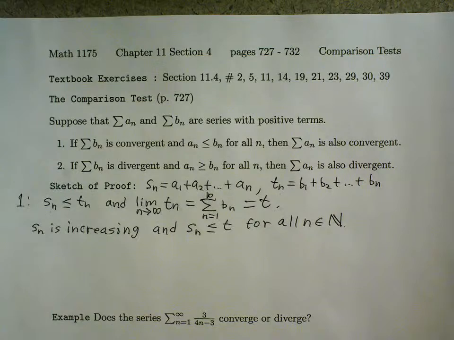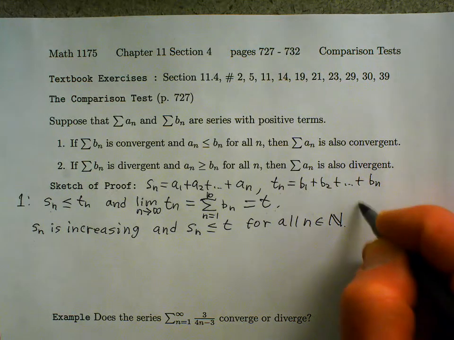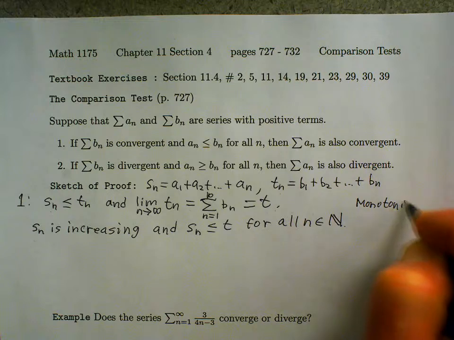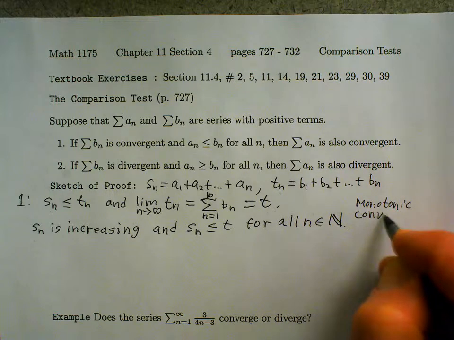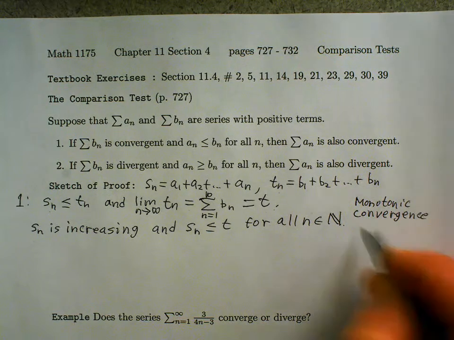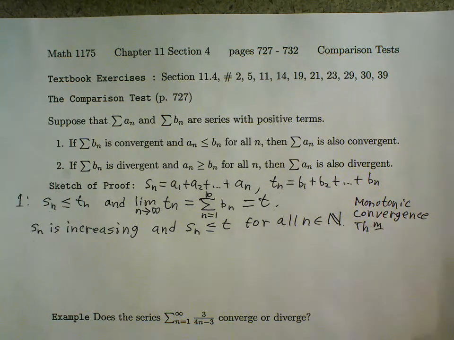So you might remember the monotonic convergence theorem from a couple of weeks ago, from section 11.1. This theorem says that if a sequence is increasing and it's bounded above, then it converges.